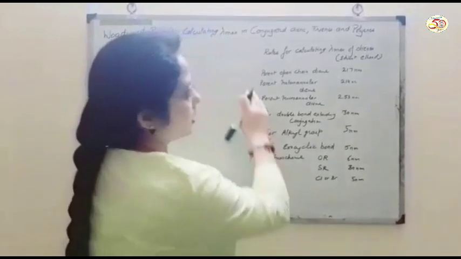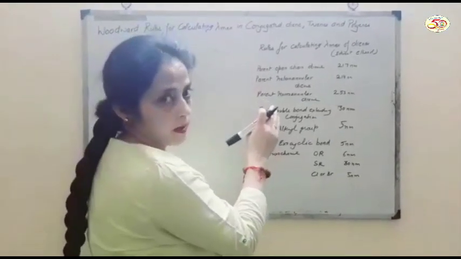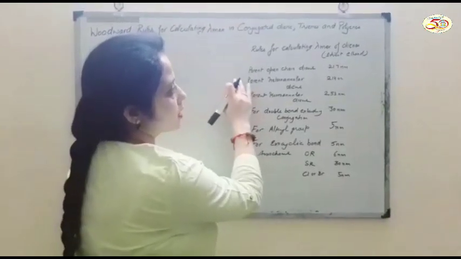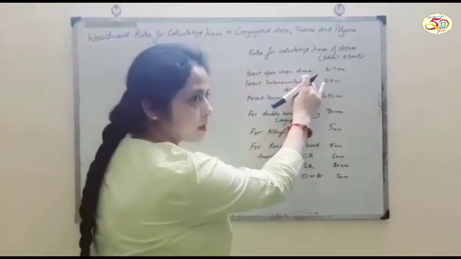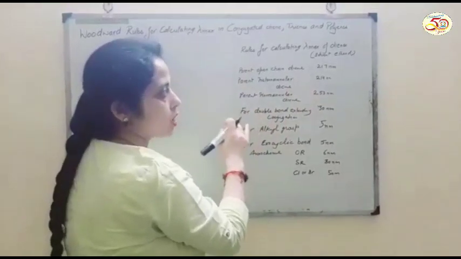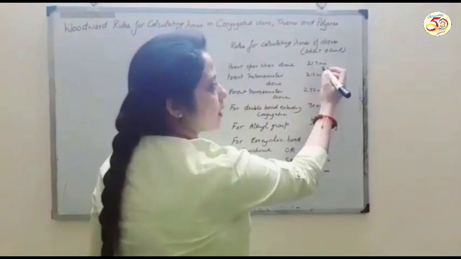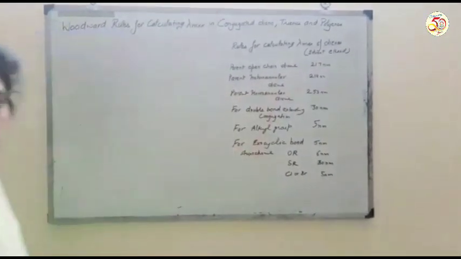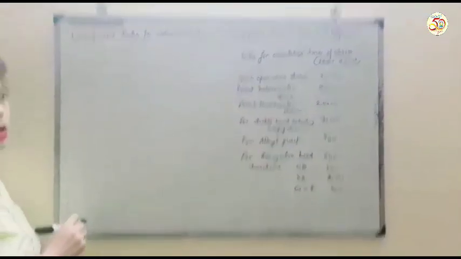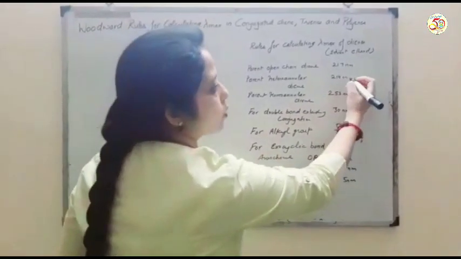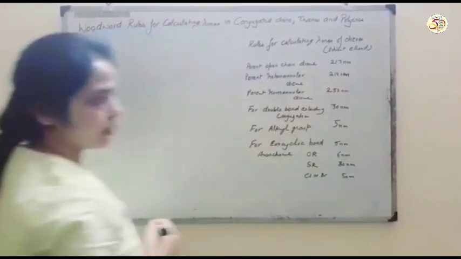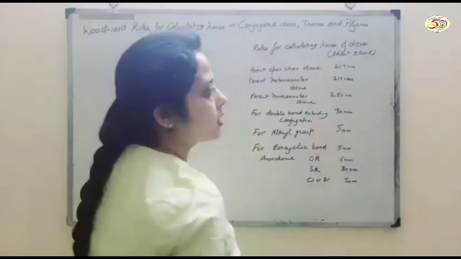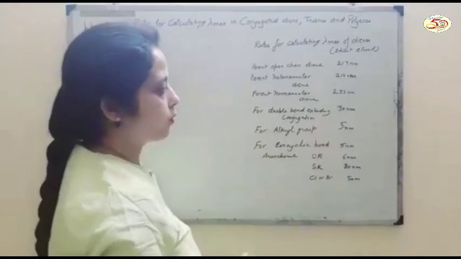Woodward rules give some fixed lambda max values. The basic value, if we select a parent open chain diene, meaning we have a carbon chain, will be 217 nanometer. If we have a heteroannular diene molecule, then we will take the value 214 nanometer. If we take a homoannular diene, then we will take the value 253 nanometer.